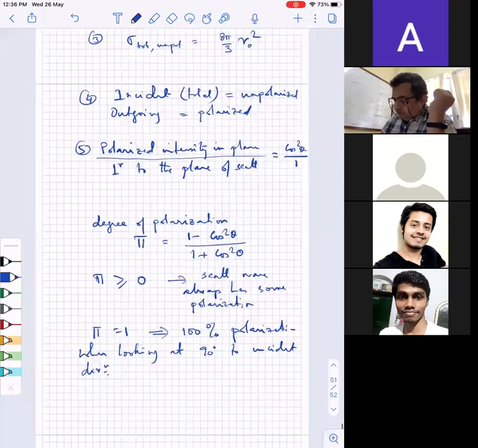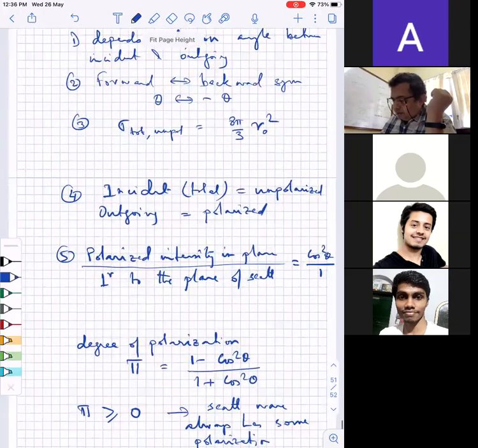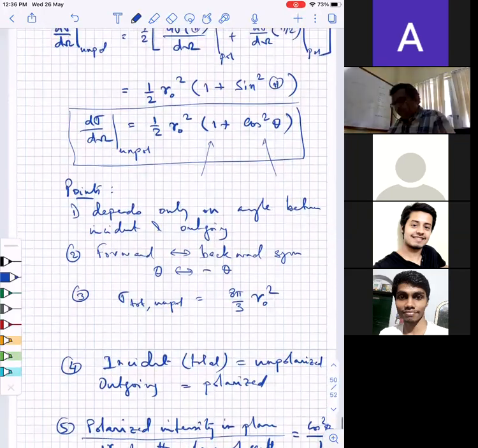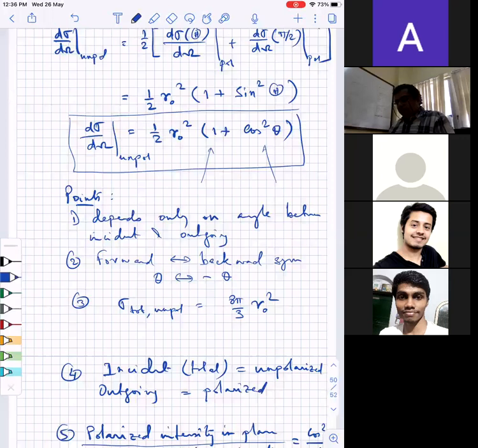Compared to other calculations, these calculations are not very difficult. They're easy calculations, but these are important calculations, because these are things that we use all the time in scattering experiments.